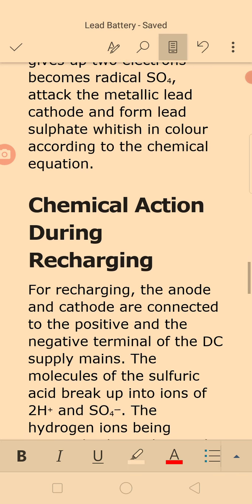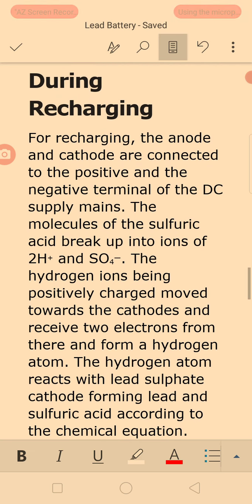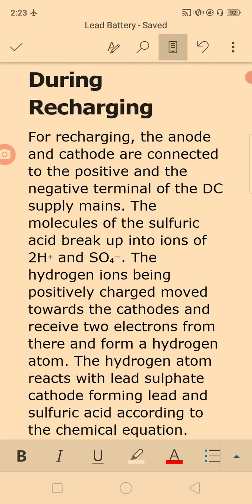Chemical reaction during recharging. During recharging the reactions are reversed when the terminals are connected to a direct supply of current. The molecule of sulfuric acid breaks up into 2 hydrogen ions and 1 sulphate ion. Hydrogen ions move toward the cathode while sulphate ions move to the anode.